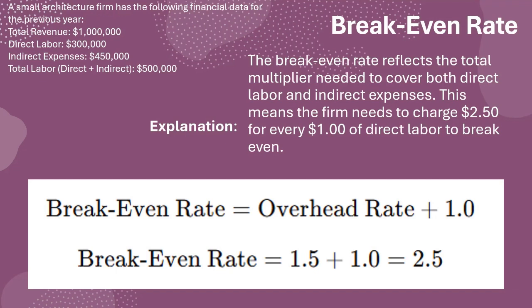The break-even rate reflects the total multiplier needed to cover both direct labor and indirect expenses. This means that the firm needs to charge $2.50 for every $1 of direct labor to break even. We're not talking about profit here, we're just talking about the break even. So apparently they need to do something different to actually change this number.